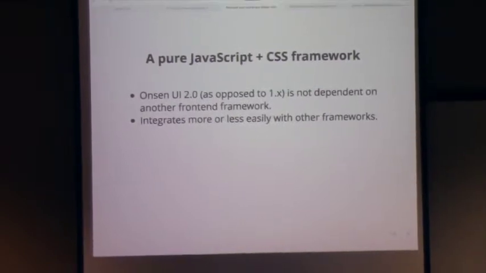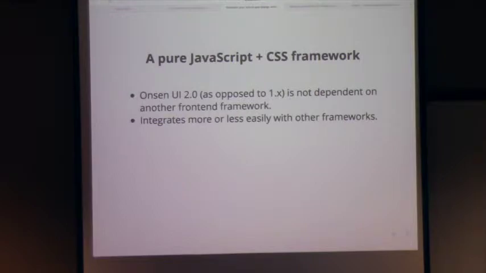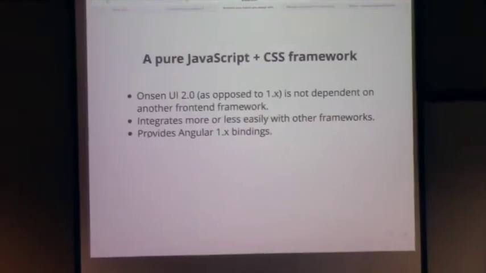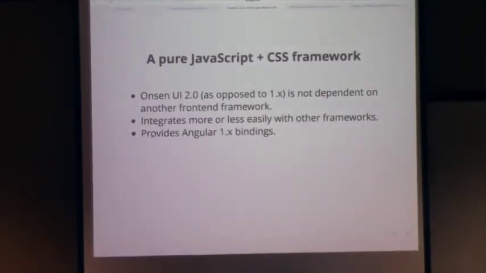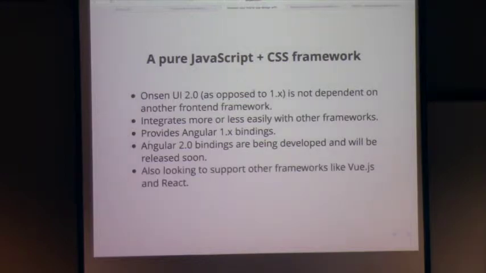And this makes it a lot easier to integrate with other frameworks, such as React, since we don't have the Angular dependency. But since we want to have backwards compatibility with the previous version 1.3, we provide an Angular binding library. And we're also working on Angular 2 bindings, and they will be released pretty soon. Actually, a guy is working on it right now.